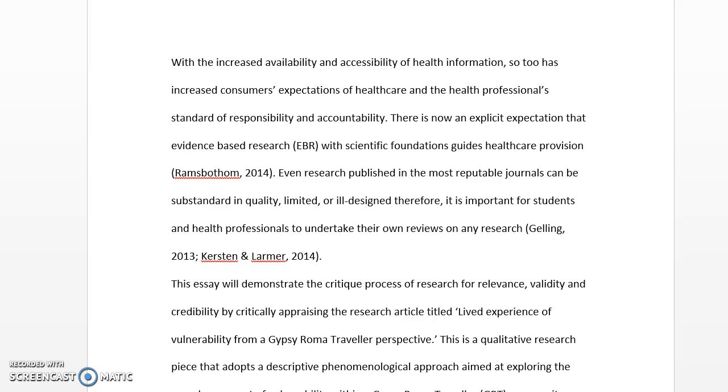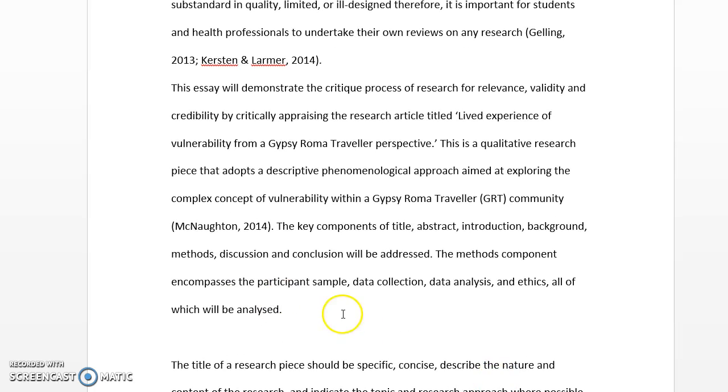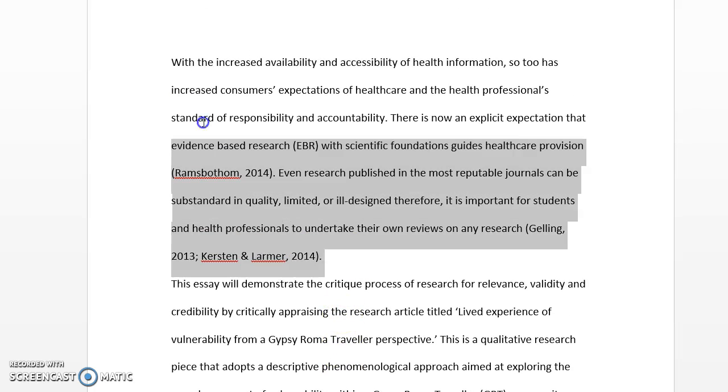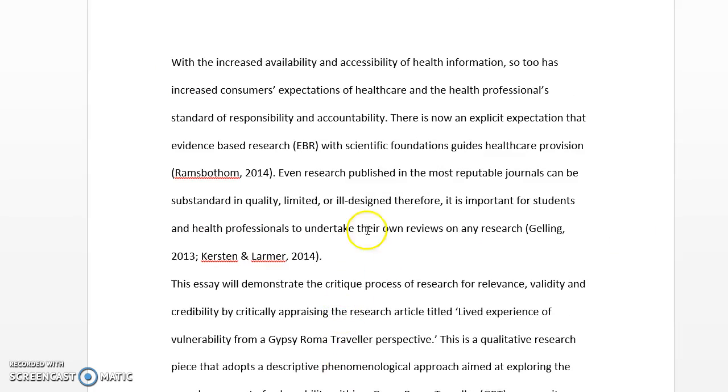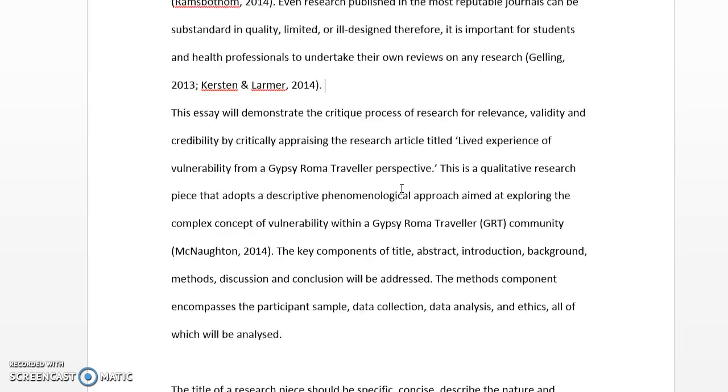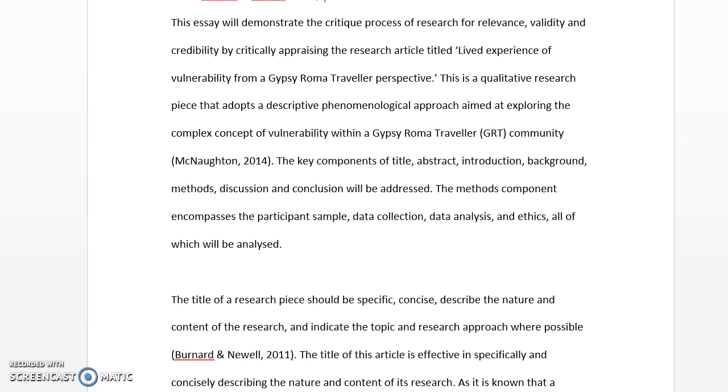Now, firstly, the student has given us an introduction, which you can see, ending here. But the student sort of starts in this paragraph with a general statement about why research is important, that kind of thing, and that's really lovely. Okay, then the student goes on to say, to get to the nuts and bolts of what they're going to do in the paper.